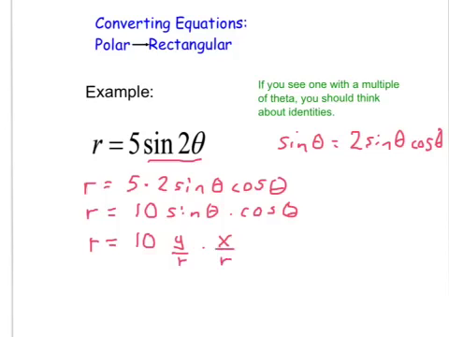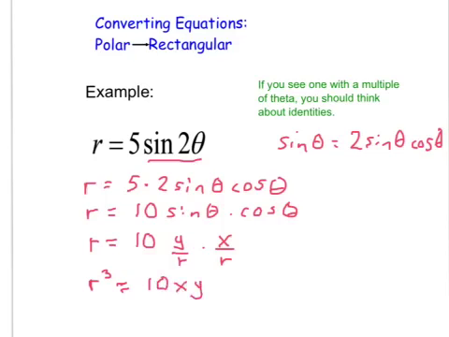That at least gives me x's, y's, but I still have r. So the next thing I'm going to do, I have an r squared basically in the denominator. So I'm going to multiply both sides by r squared to eliminate the denominator, and that would give me r cubed equals 10xy.